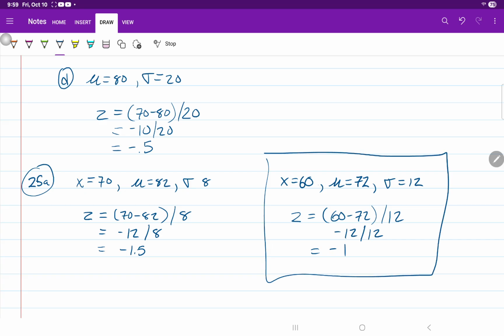Even though you were below the mean by the same amount in both instances, the class on average had more dispersion, there was more variability, so you're not quite an outlier the way you are here.